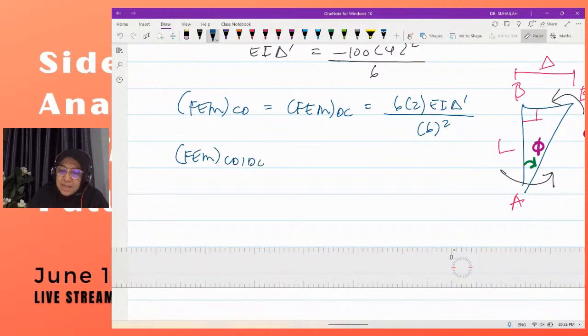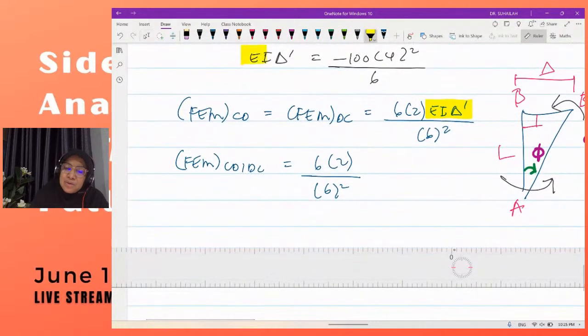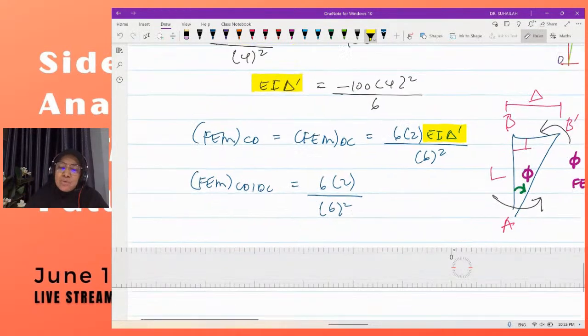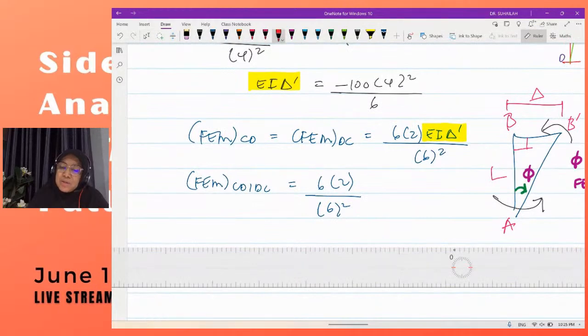So this FEM CD or DC is equal to 6 times 2 divided by 6 squared, and this EI delta prime, we substitute. We take negative 100 times 4 squared divided by 6, substitute into this.